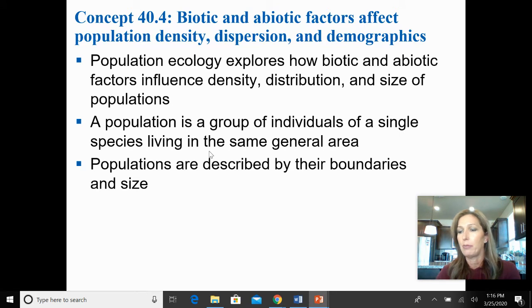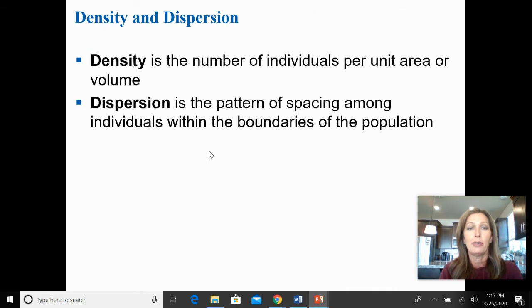Now, in chapter 40.4, density and dispersion, these are some terms that we definitely need to make sure that we're comfortable with. If we are talking about the density of a population, we are talking about the number of individuals per area. If we're talking about dispersion, this is the pattern of spacing.